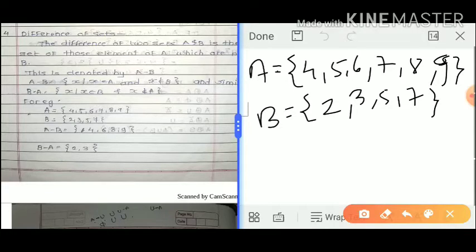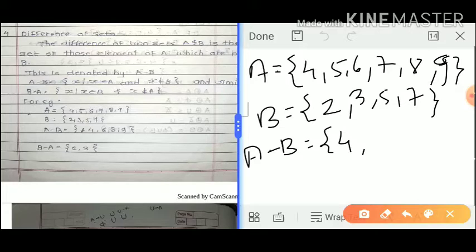To find A minus B, the difference A difference B, we need only all the elements of A but not in B. The element 4 is not in B, so write down 4.